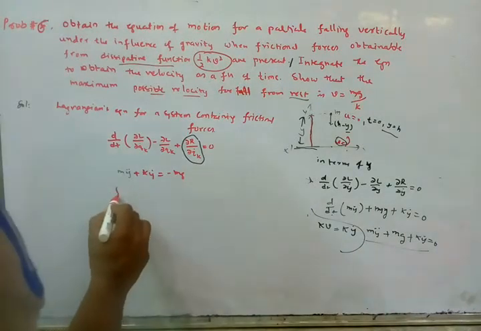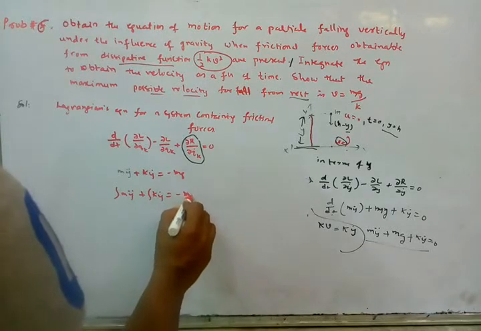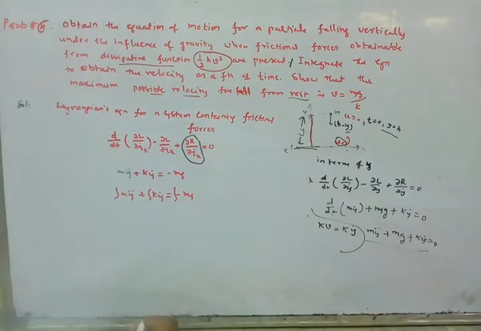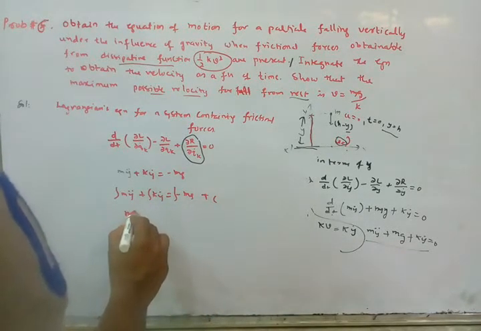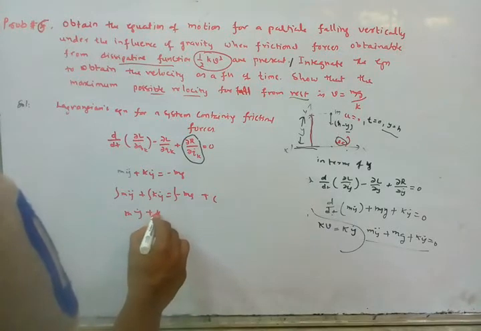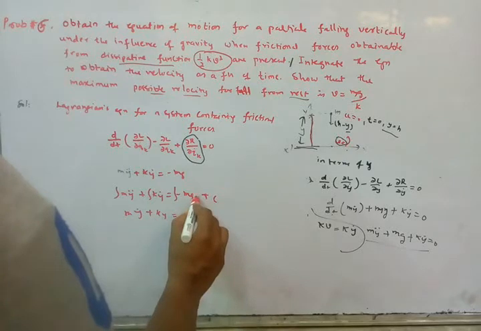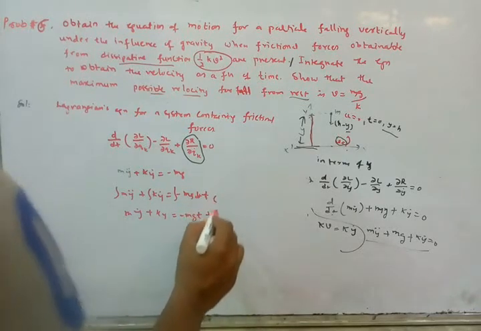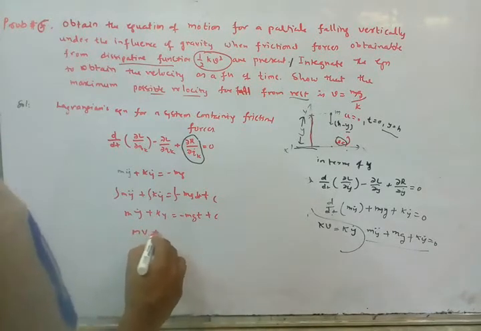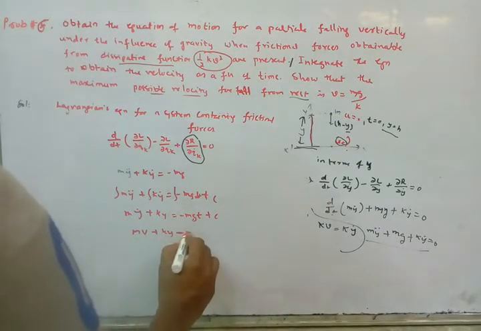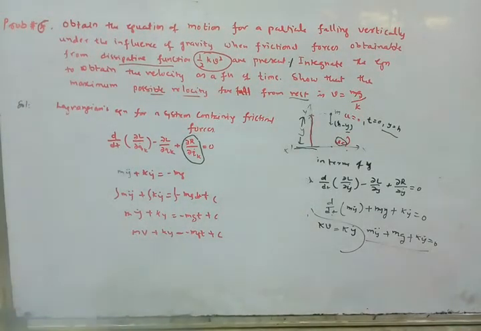So now integrating, we get m y dot plus k y equals minus mgt plus c. So from here, m v plus k y equals minus mgt plus c. We have this equation now.